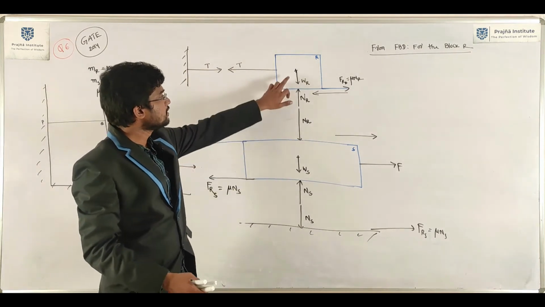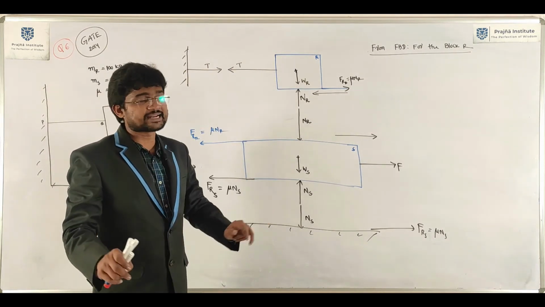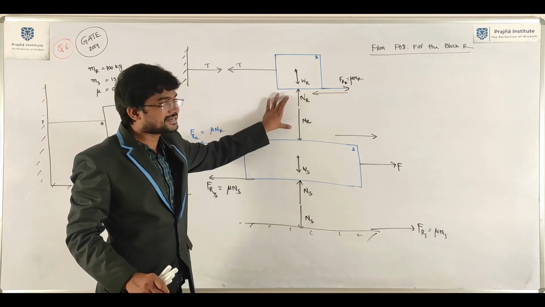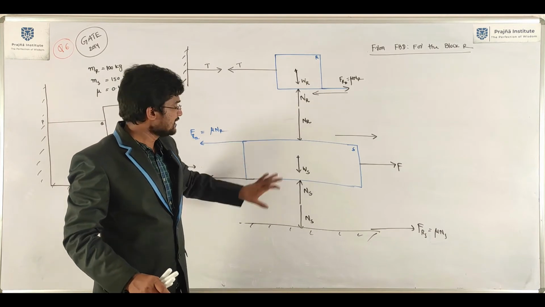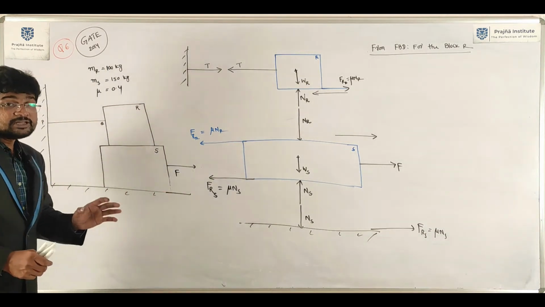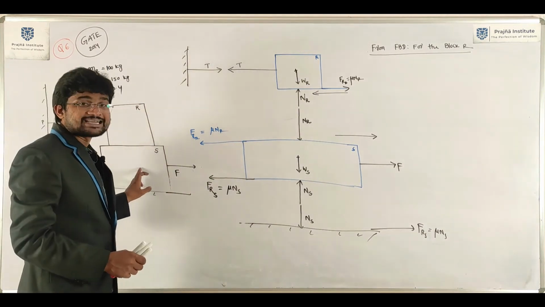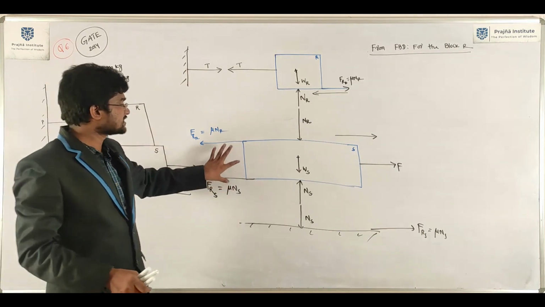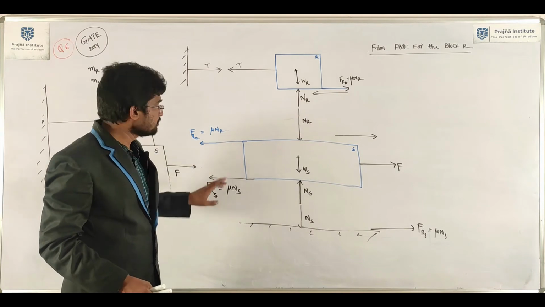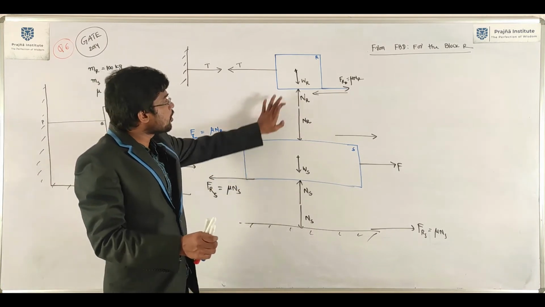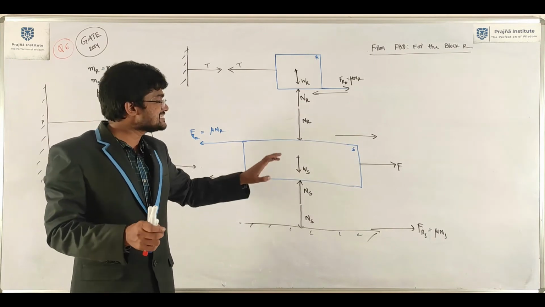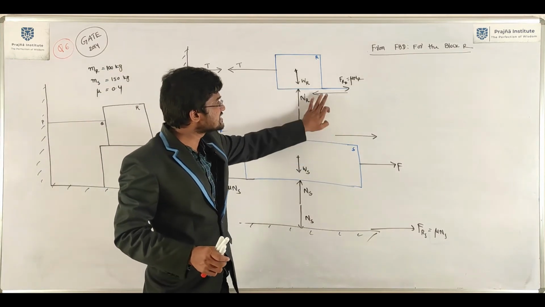First statement, weight always acts vertically downward, tension always pulls the body, two contact surfaces, two normal reactions. F is nothing but the minimum amount of force required to move the block. In that case, blocks S and R both are not in motion. Inertia force is 0, and there is a slip between the two blocks. This is the slip.